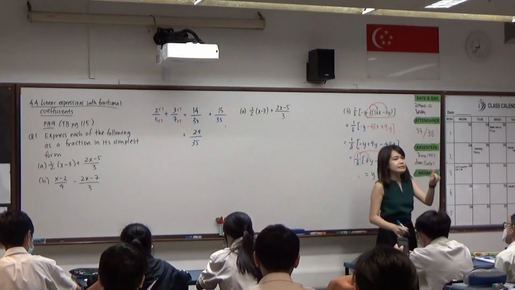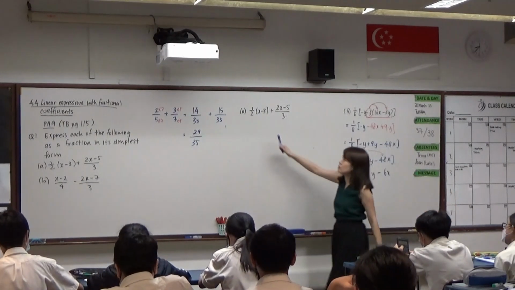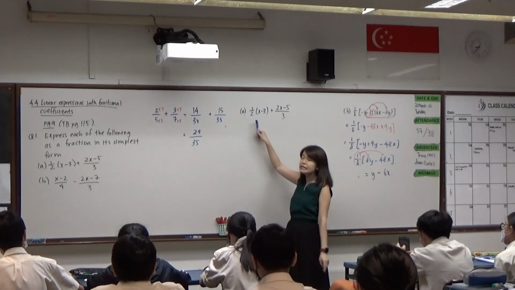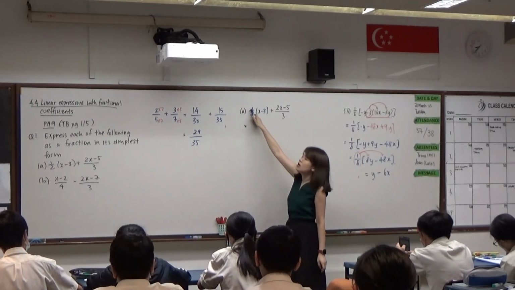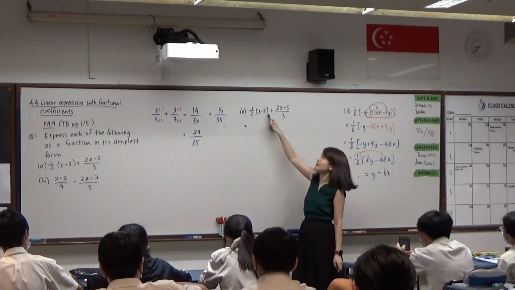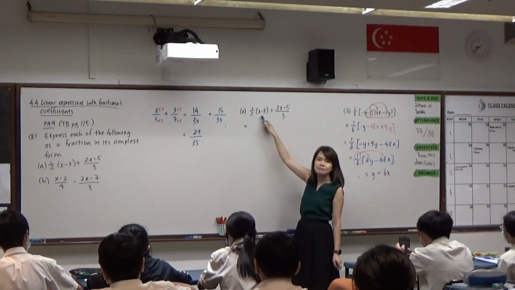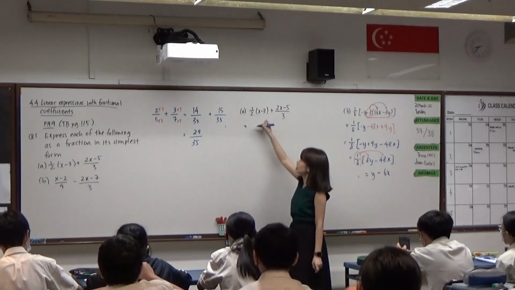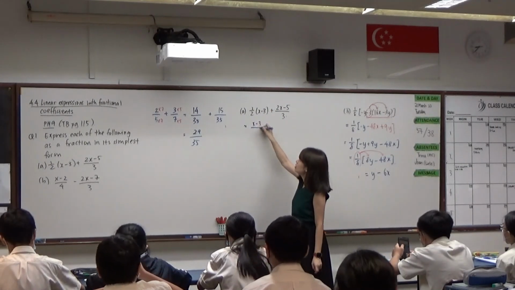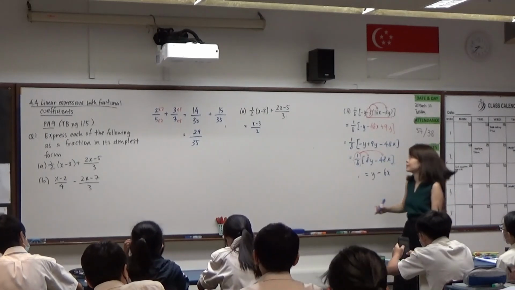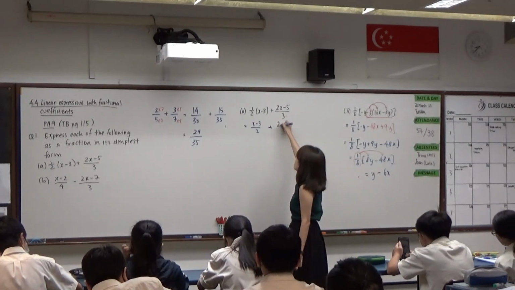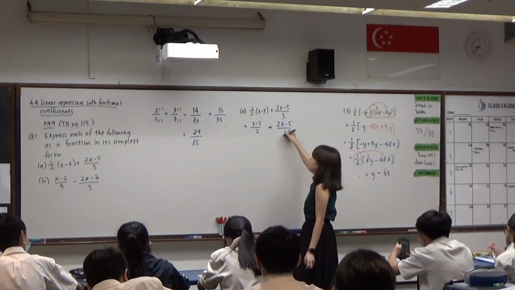first thing is that we must be able to recognize this thing is a fraction itself, whereby earlier on I have mentioned that when I have a fraction multiplied by something, this something over here goes into the numerator, whereby I can write it as x minus 3 over 2, plus the second fraction no change.